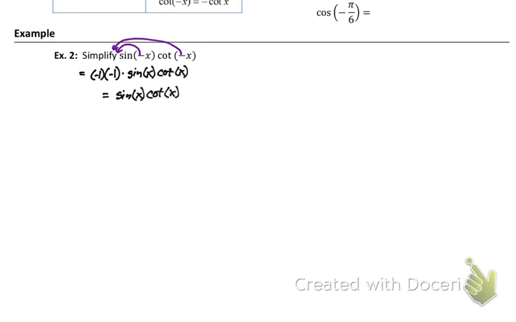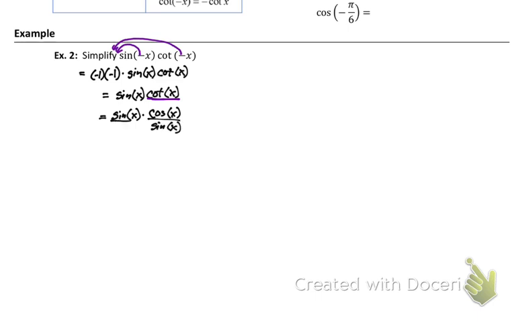Now we go back to what we did for last night's or the other night's homework. And that is find anything that's not in terms of sine and cosine that looks like the cotangent and rewrite it in terms of cosine or sine. So my sine x remains. What do I change cotangent to? Cosine over sine. Thank you, people that are playing along. It'll make your life so much easier.